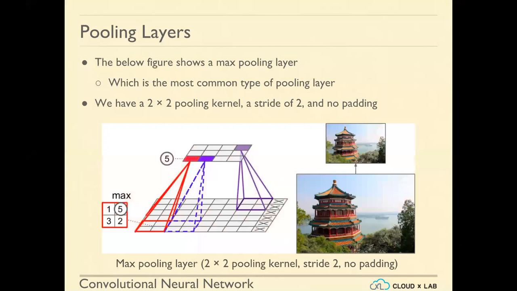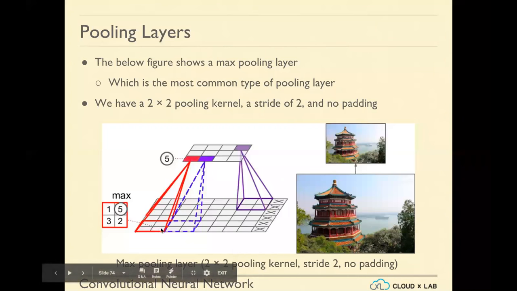The figure below shows a max pooling layer, which is the most common pooling type. We have a 2 by 2 pooling kernel, a stride of 2, and no padding. With a stride of 2, the image will reduce to 1/4 size. Stride of 2 means this rectangle will jump by 2 every time.